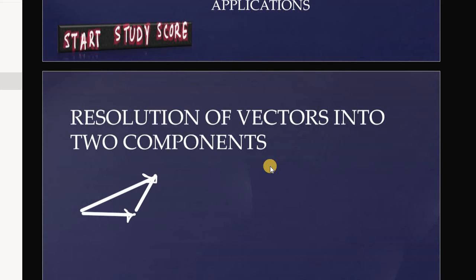That would be the resultant vector, isn't it? So A, B taken in the same order, the resultant will be taken in the opposite order. We will talk about it another way, a different approach.